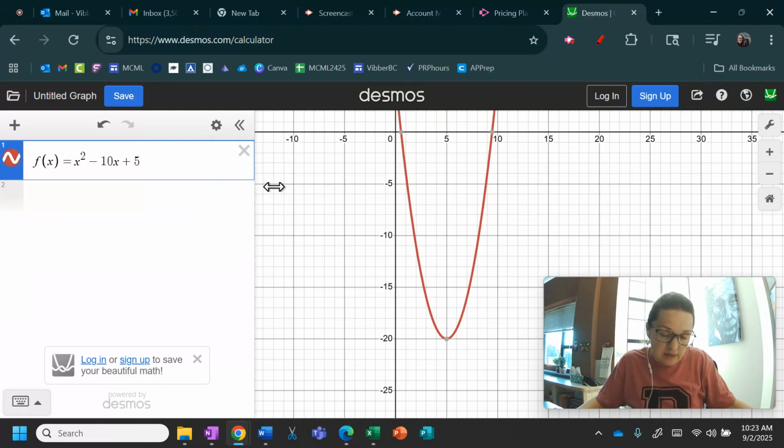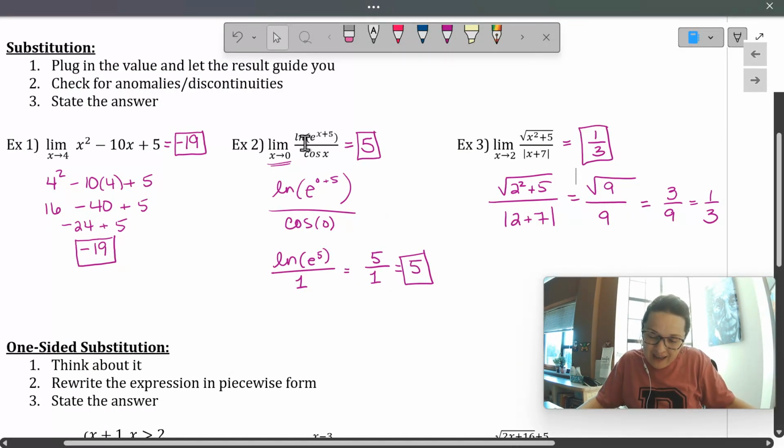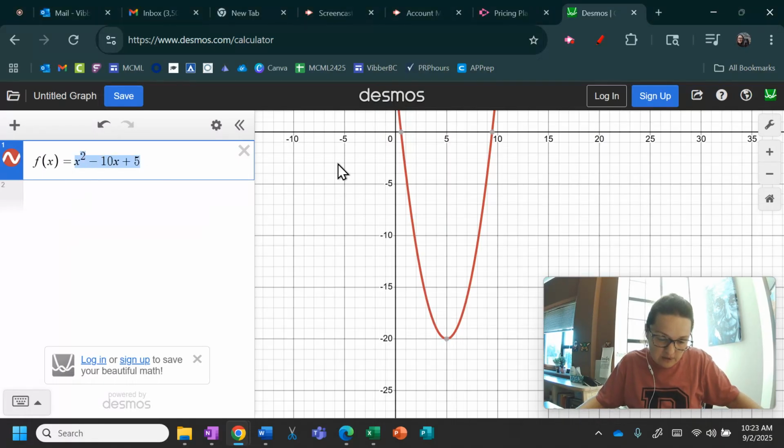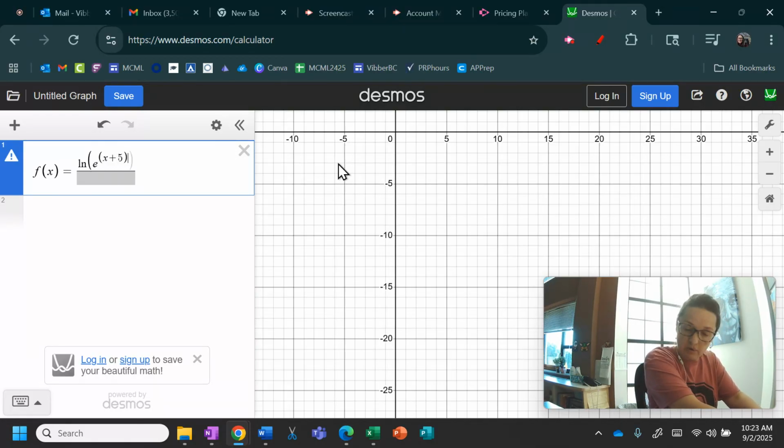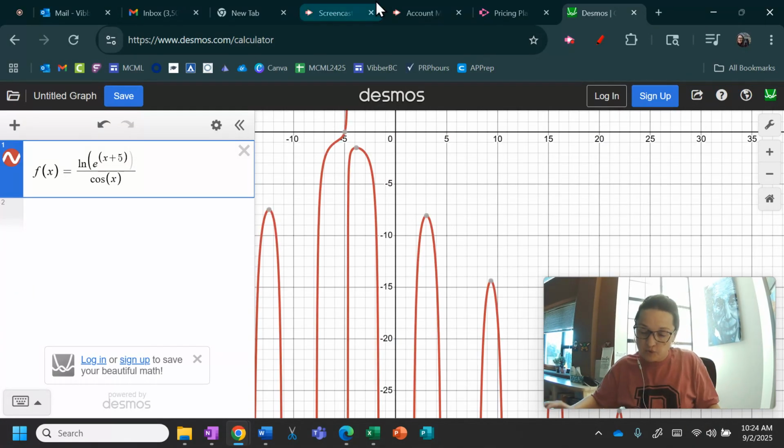And then let's see, the next graph we were looking at was ln of e to the x plus 5 over cosine x. Got to put some parentheses around that to keep it up there. Let's see, ln of e to the x plus 5 over the cosine of x.